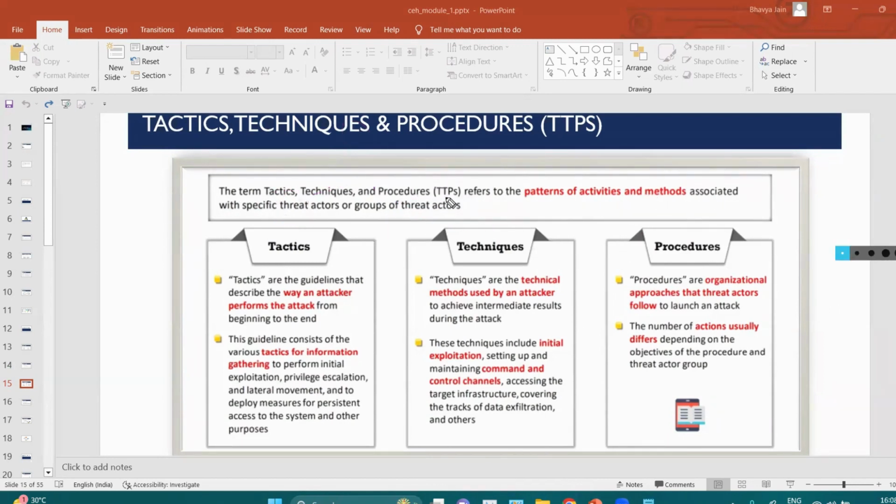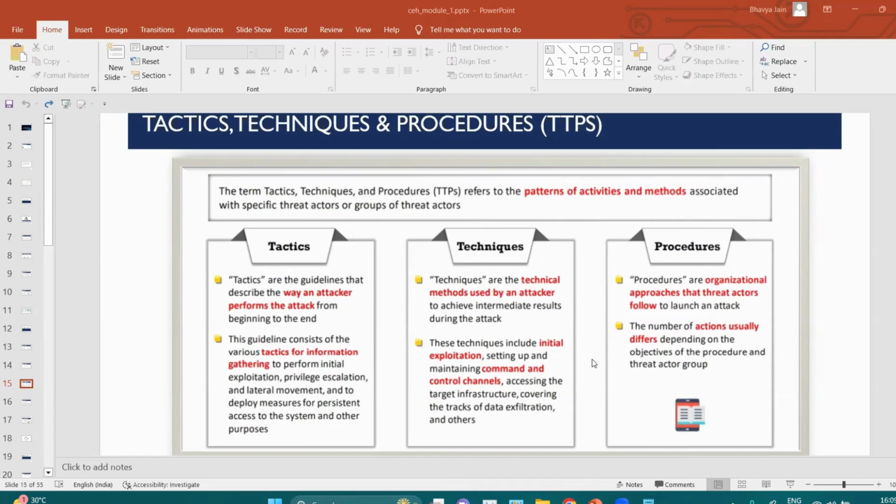So these TTPs are important to know the behavior of the attackers. Like what kind of attacks they are using, what kind of techniques, what kind of methodology they are using for attacking. Because as you know, technologies keep on updating, so the attackers also keep on updating themselves, their methodologies, techniques, applications, tools, and malware.